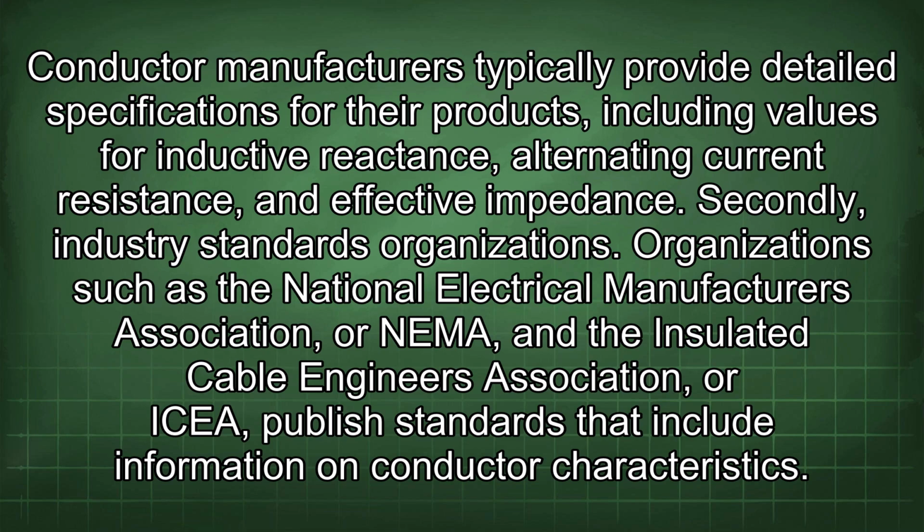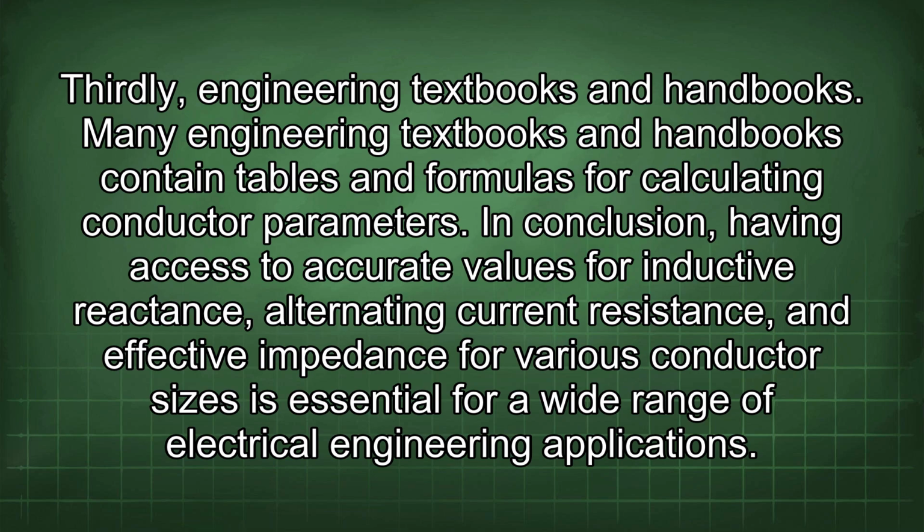Organizations such as the National Electrical Manufacturers Association, or NEMA, and the Insulated Cable Engineers Association, or ICEA, publish standards that include information on conductor characteristics. Thirdly, engineering textbooks and handbooks. Many engineering textbooks and handbooks contain tables and formulas for calculating conductor parameters.